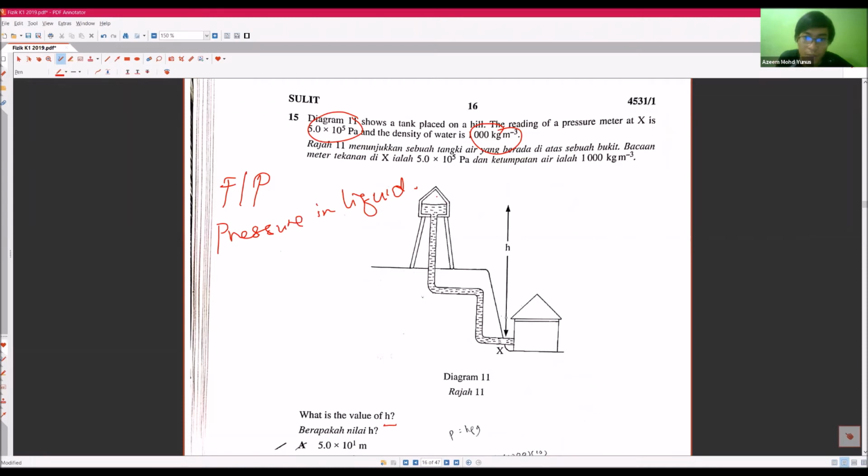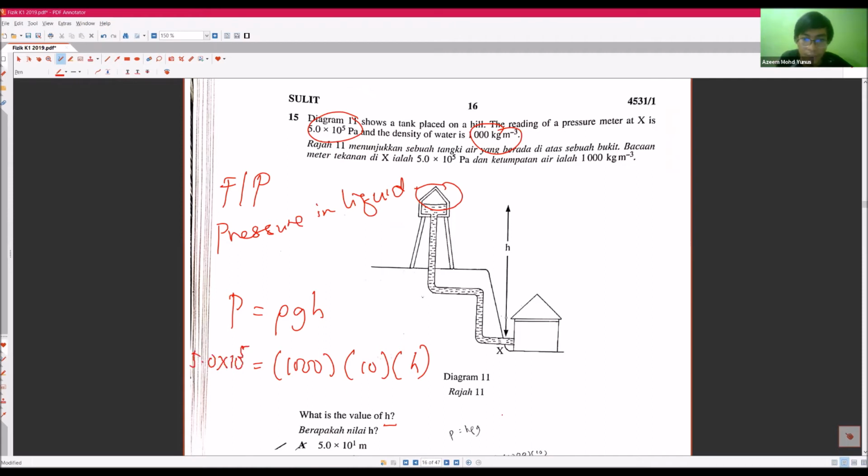We have a closed container over here, so we don't need to take atmospheric pressure into account. If this container is open, then you must include the atmospheric pressure, but in this case you don't need to. So the formula is rho g h. Rho is 1000, g is 10, h is what we need to find. P is 5.0 times 10 to the power of 5.